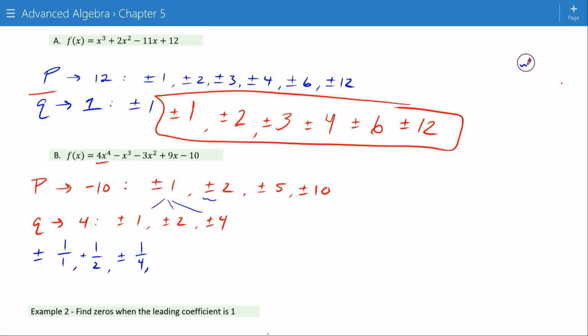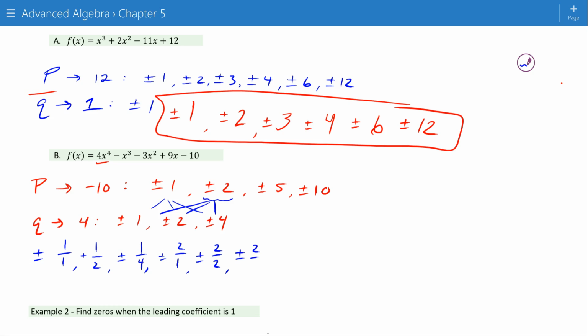Similar to that, we move on to 2, and we're going to have 2 over 1, 2 over 2, and 2 over 4. Now, if you recognize it right away, you might not have to write that 2 over 2, because if we see 1 over 1 and 2 over 2, they really represent the same number. Same thing with 1/2, and then our next one is 2/4.